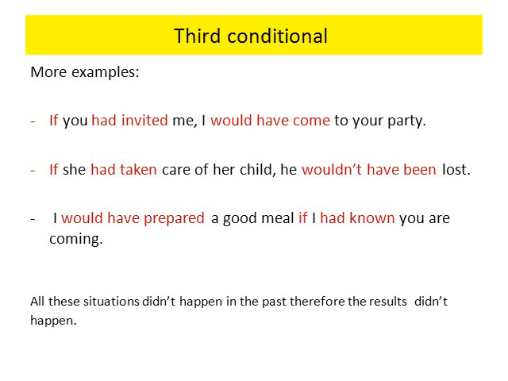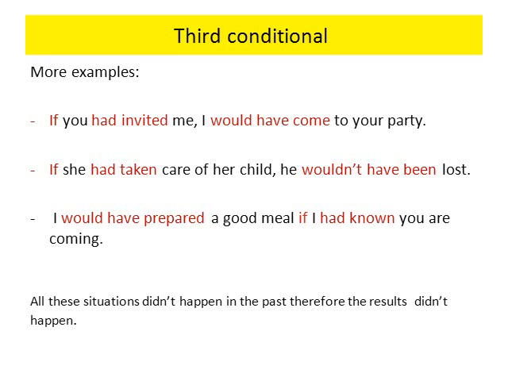More examples about the third conditional. If you had invited me, I would have come to your party. You didn't invite me, so I didn't come to your party. So here it is an impossible conditional. This didn't happen in the past. Here the action didn't happen in the past.